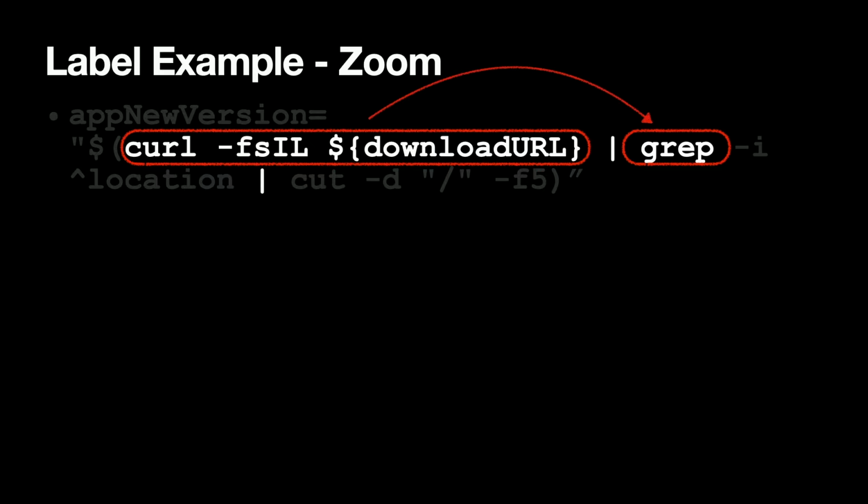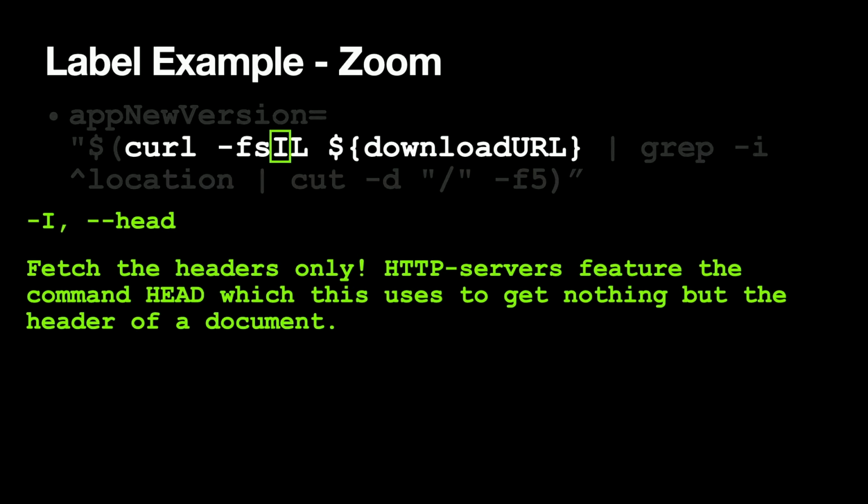Whatever the results are of this first command, send them over to the second one. We're going to use curl, which is a downloader tool. We're not actually downloading files with this, though. We're taking the results and sending them to grep, which is like a text search tool. And I'm going to go over that right now.